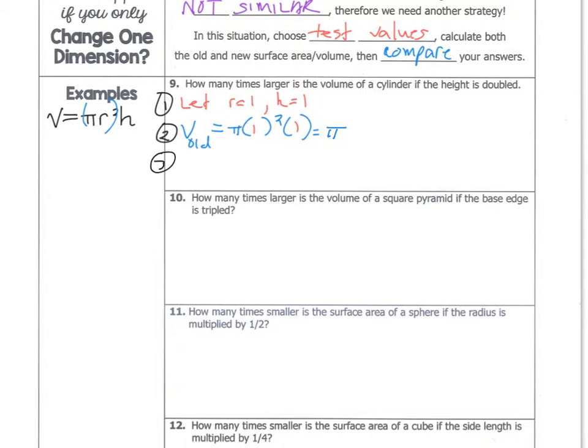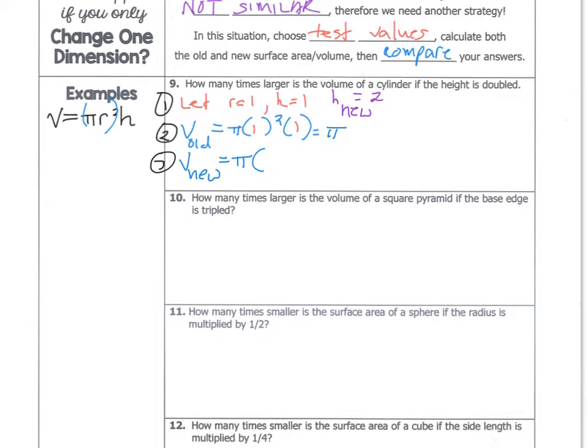So then, step 3, you're going to calculate the new volume. So new is still pi times, but this time, we're just going to double the height. So if we double the height, the new height is going to be what? What's 1 times 2? 2.